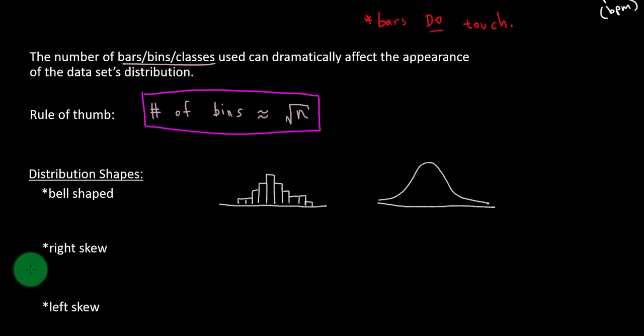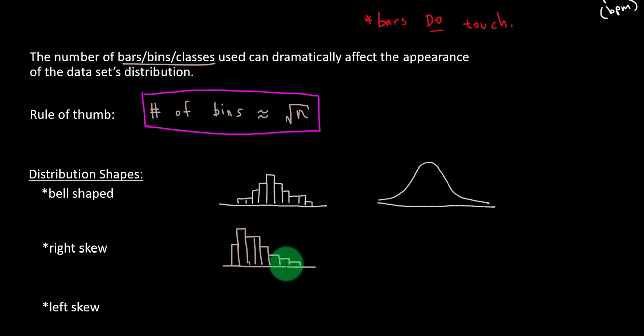A couple other common shapes that data sets take on are what are called right or left skewed. And as a histogram, a right skewed distribution is going to have a longer right tail. So the way this often looks is there is a defined peak over here towards the left, and then this right tail extends on and on.